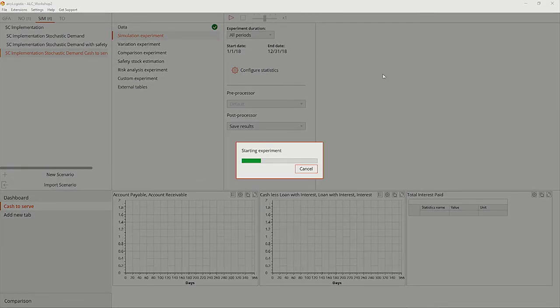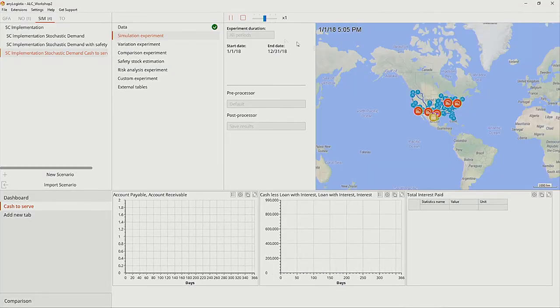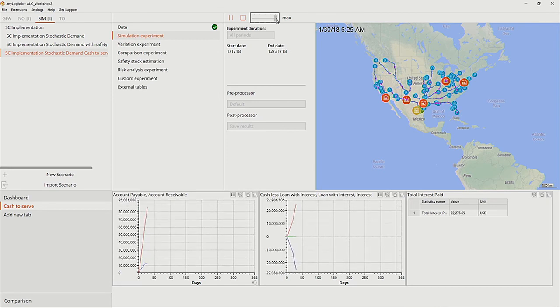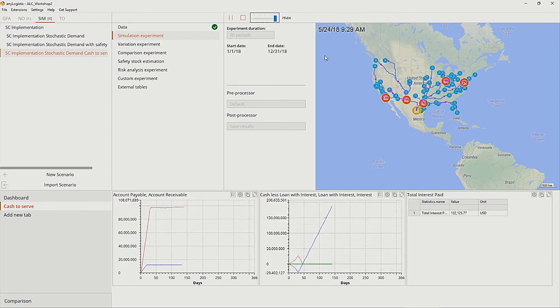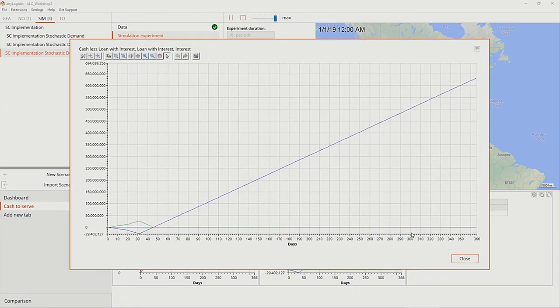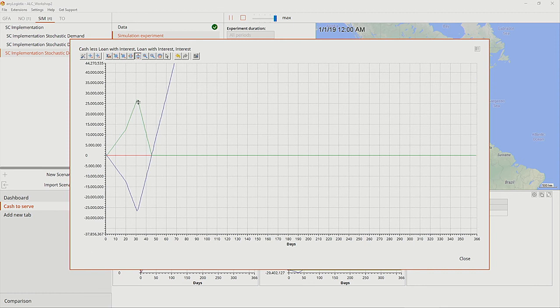So I run the model. And we see the dynamics. From this chart, we see that our return on investment is about 45 days. So we go down like 25 million like this.